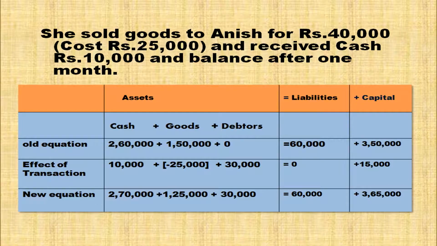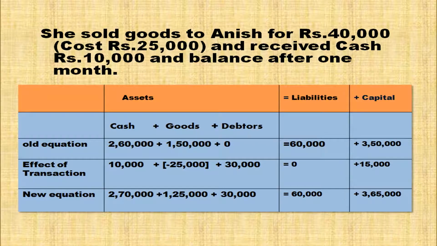So, the new accounting equation should be written, and in addition to that, selling price minus cost price, 40,000 minus 25,000, will be the profit because the selling price is more than the cost price. So, profit is added to the capital. If it is a loss, that is, the cost price is more than the selling price, it will be deducted from the capital.